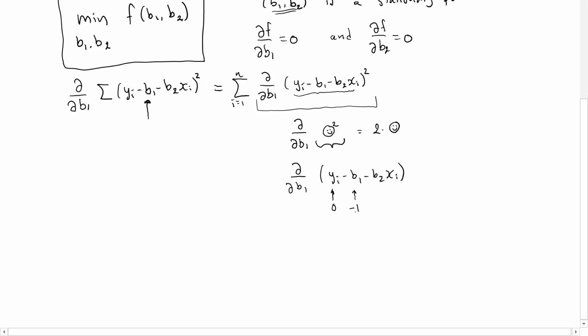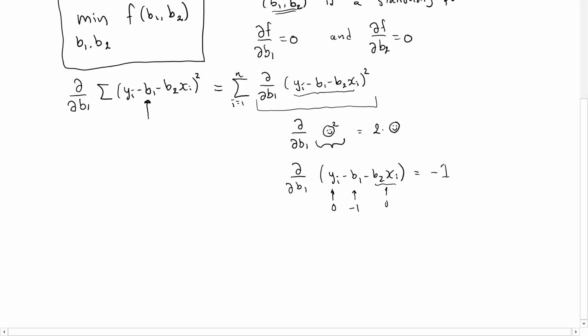And if I differentiate the last term, this thing here with respect to b1, it's again just the product of two constants, so its derivative is 0 as well. So the derivative of the inner function, the inner derivative, is simply minus 1.